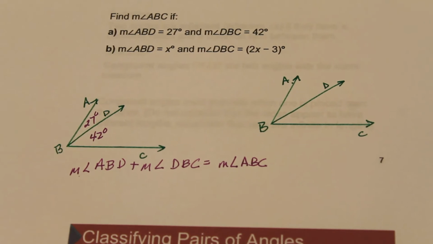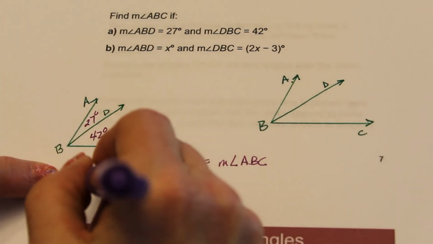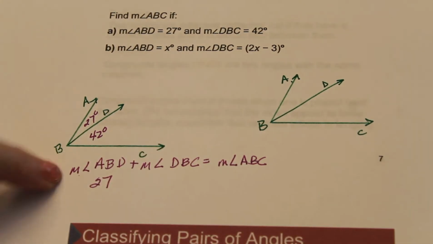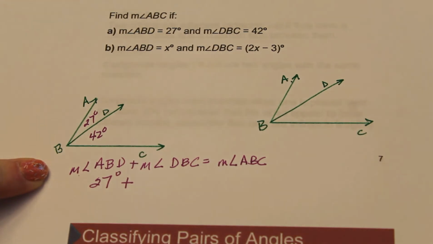So in this calculation, I'm going to replace the measure of angle ABD with what it's equal to, 27. Bring down the plus sign, and since they're degrees, you can keep the degree or not.